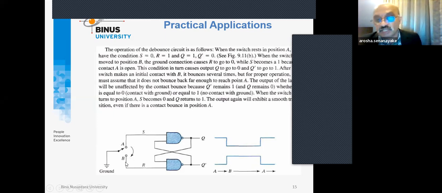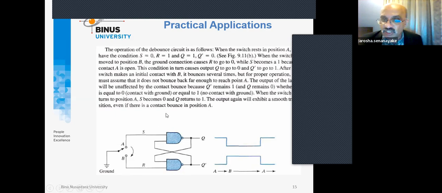If we connect to B, that means R will be 0. When you move this from A to B, we are changing from S 0, and B point is 0 because it is connected to the ground. So S becomes 1. That leads to some bouncing conditions.